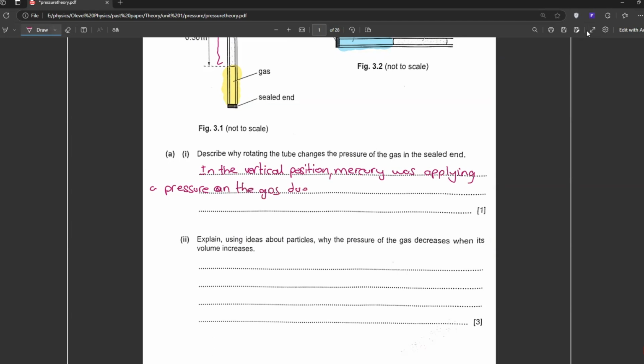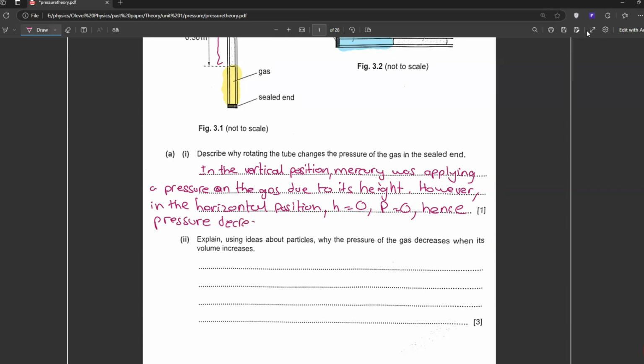However, in the horizontal position, the height of mercury is 0, pressure due to mercury is 0, hence pressure decreases, volume increases. Simple as that. Let's move on to part 2.